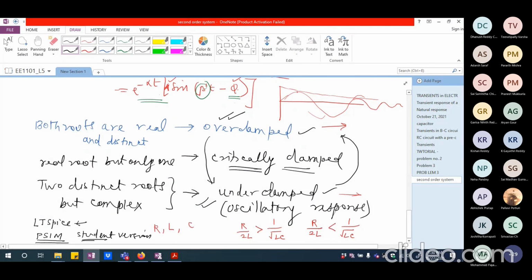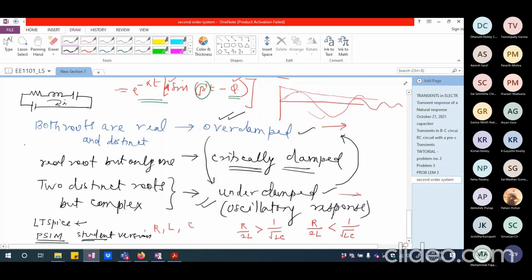LT-Spice is also completely free. If you download either of them, you would be able to simply connect the circuit with resistance, inductance, and capacitance along with the voltage source or an initial condition of voltage across the capacitance. Then you would be able to see the response, what kind of current is being carried here.